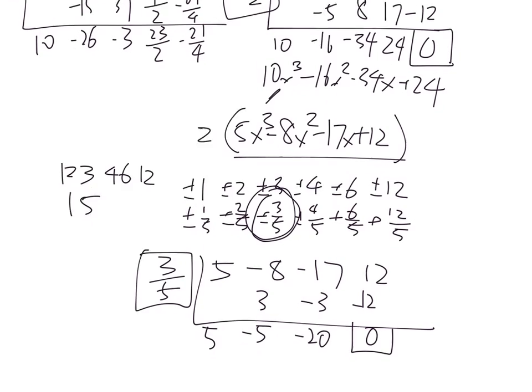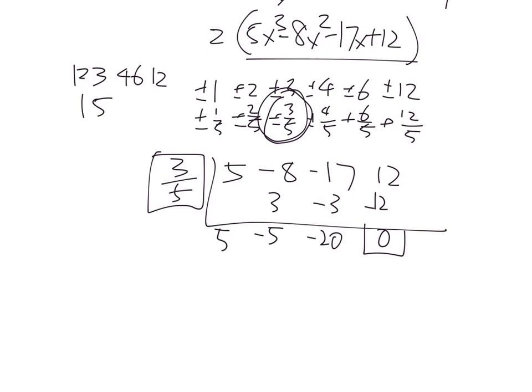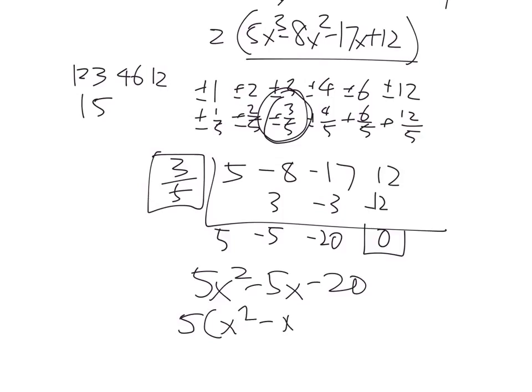And this leaves us with a quadratic function, 5x squared minus 5x minus 20. Let's go ahead and take the 5 out. I have x squared minus x minus 4. Unfortunately, this quadratic function cannot be factored by using FOIL.